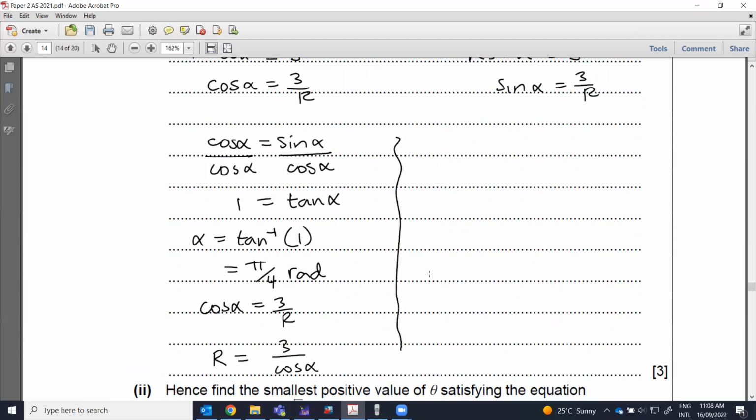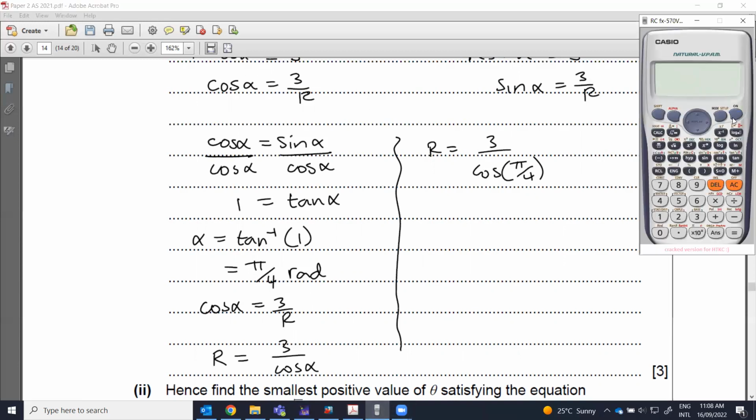But remember that alpha is pi over 4, so r is equal to 3 divided by cos of pi over 4. You can type this in on your calculator, but remember your calculator must be in radian mode. So we have 3 over cos of pi over 4, and I'm getting 3 square root of 2.